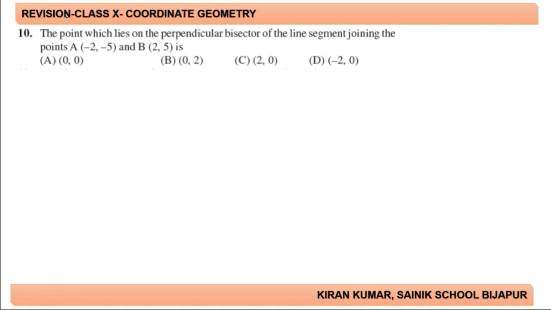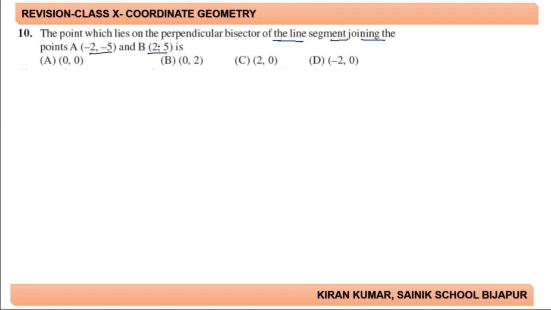Question number 10. The point which lies on the perpendicular bisector of the line segment joining the points A (minus 2, minus 5) and B (2, 5) is.